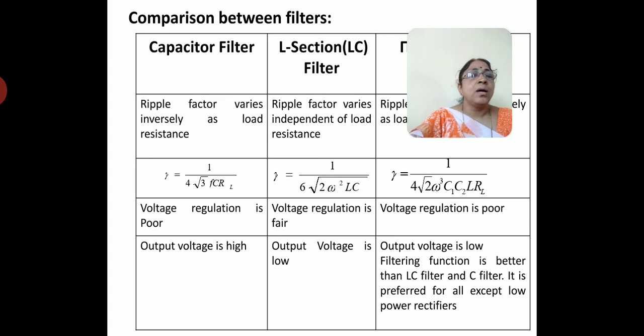But depending upon the ripple, it will remove the AC component. The filtering function of the pi section filter is better than the LC filter and the C filter. So it is preferred for all except low power rectifiers.